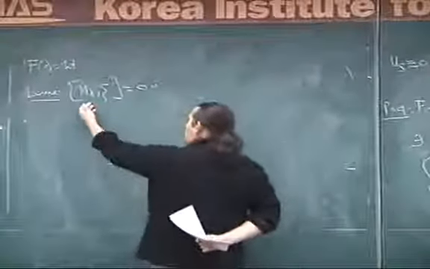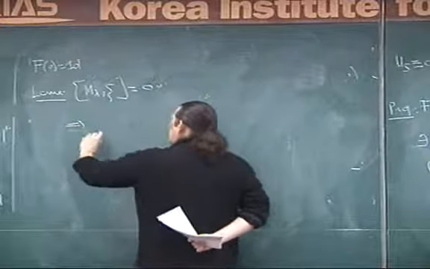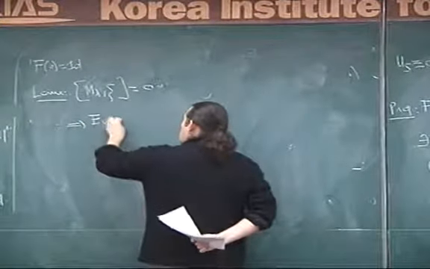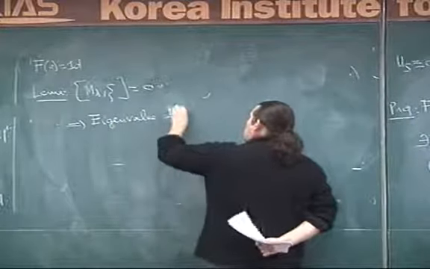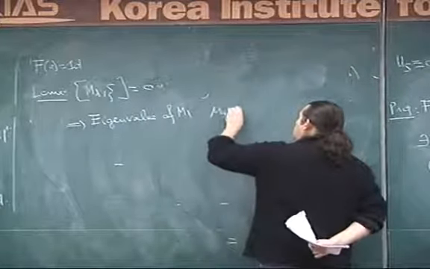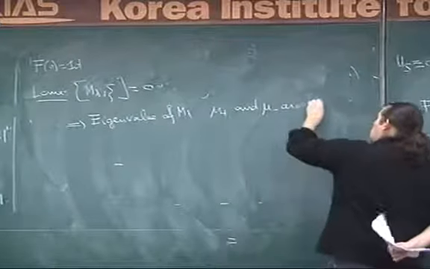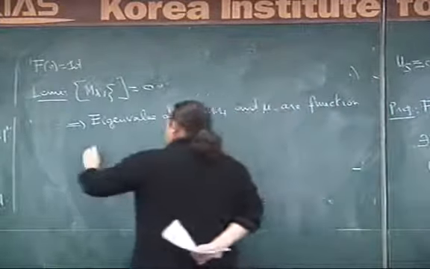This property implies that the eigenvalues of M(lambda), which I'll call mu and mu^{-1}, are functions defined on sigma.